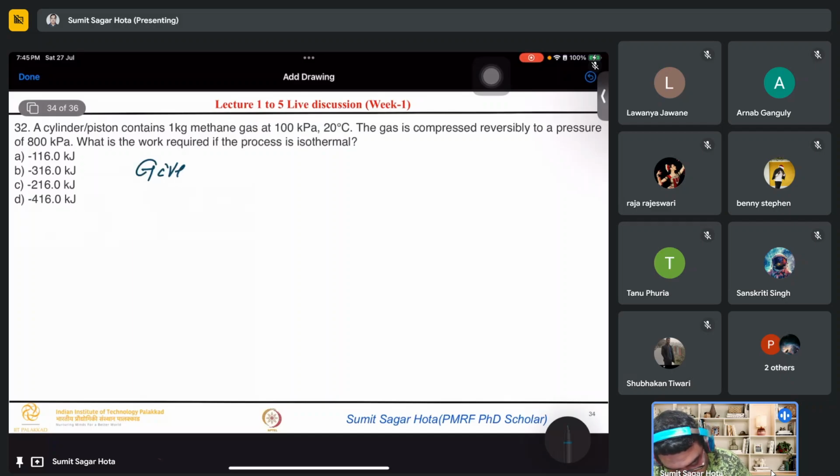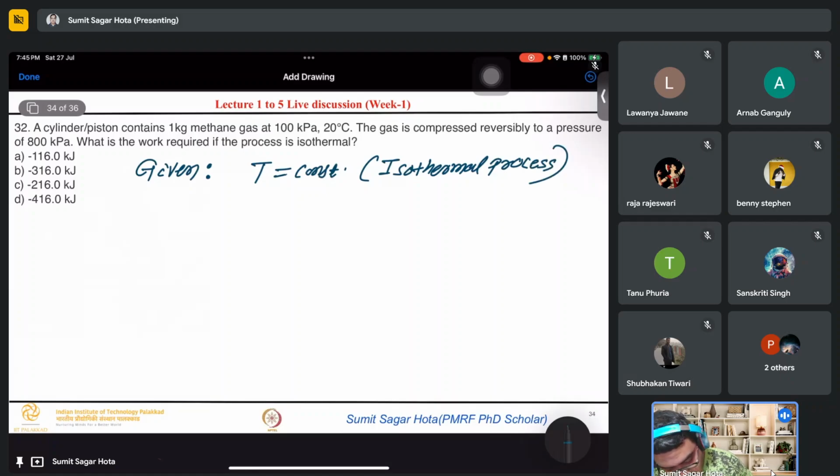So let's write what are the things given. Temperature is constant, which means isothermal process. So we know the internal energy is equal to m c_v dT. If T is constant, that means dT will be what? 0. That means dU will be equal to 0.